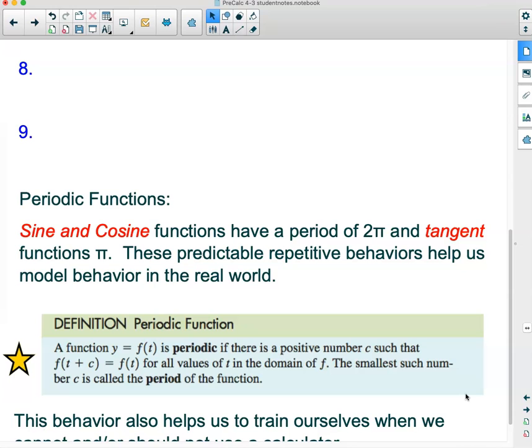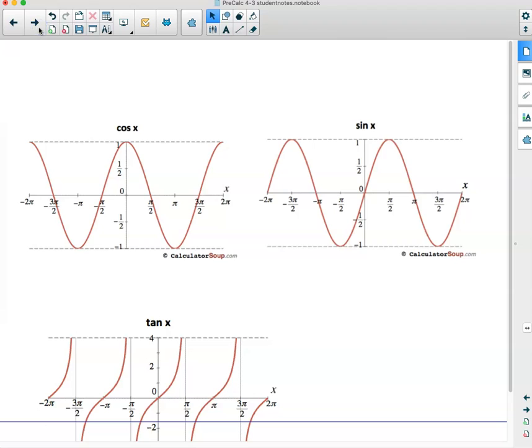For those of us that are really visual, this is not going to be a problem at all. Because what we're talking about when we talk about periodicity is, if you had to copy and paste and get the entire graph of cosine, the entire graph of sine, the entire graph of tangent, how much would you have to take?